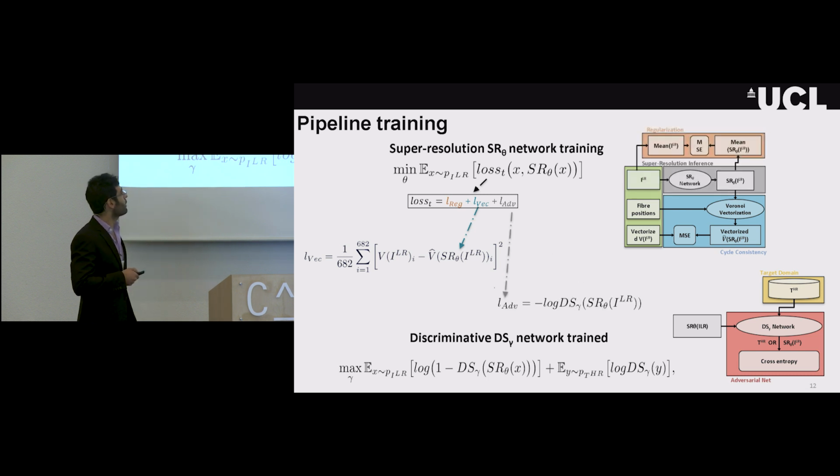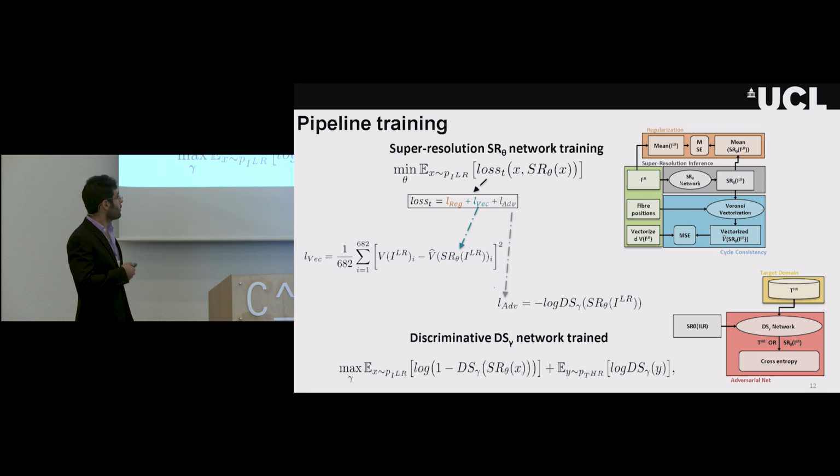And the last term is the adversarial loss function that is based on the probability of the discriminative network finding that the generated image belongs to the target domain. And we want this negative in our loss function, because the super-resolved network has to fool the discriminator, and for this reason there's the minus sign.